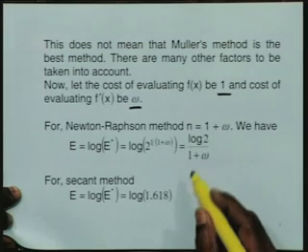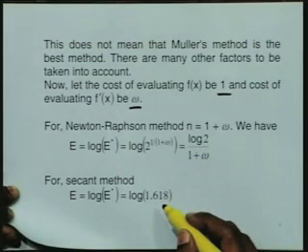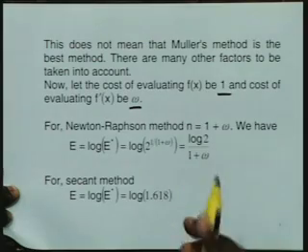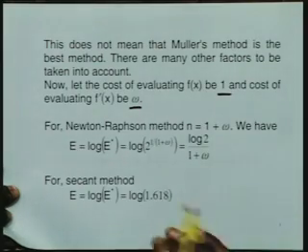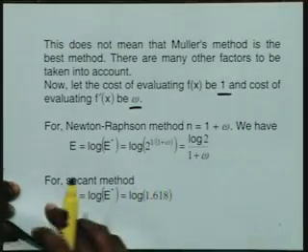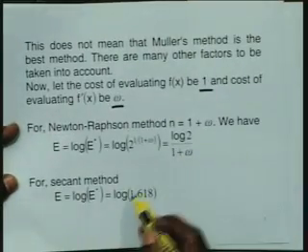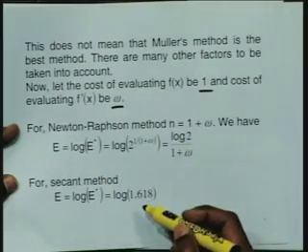Now what I am trying to do here is to say when the Newton-Raphson method will be better than the secant method. If the cost of f x is something and the cost of f dash x is something, under what circumstances would the Newton-Raphson method be superior? If the Newton-Raphson method is to be superior, then this quantity should be greater than this quantity because the efficiency index should be bigger.